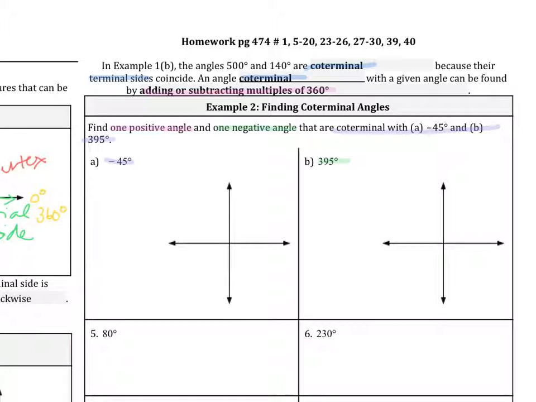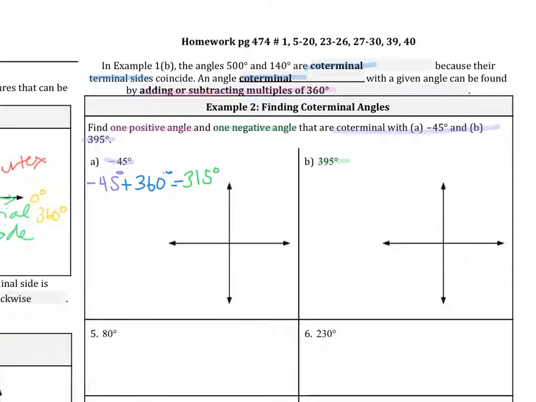Well, for negative 45 degrees, we're going to add 360 degrees, and that'll give us a positive value. Negative 45 plus 360 equals 315 degrees.